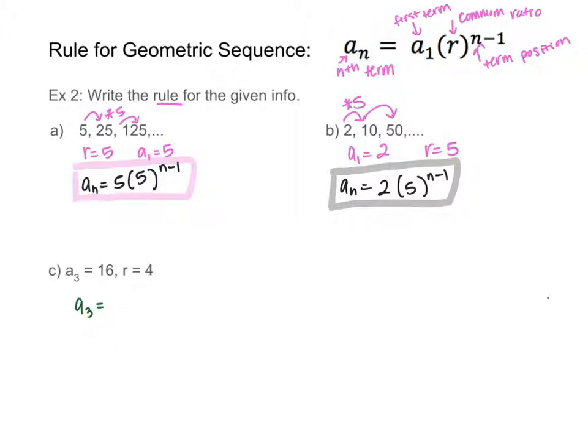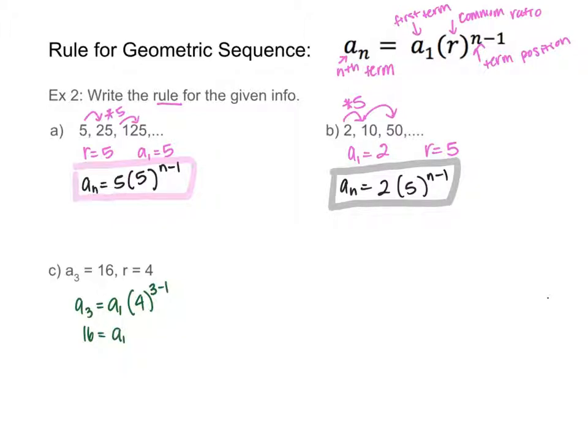A1, I don't know what that is, so I'm going to keep that as a variable. r, I do know. r is 4. n, if I choose A3 to be my nth term, that means n is equal to 3. So we have 3 minus 1. Okay, so take a look here. This A3, you actually know what the value is. It's 16. So I'm going to replace this A3 with 16.